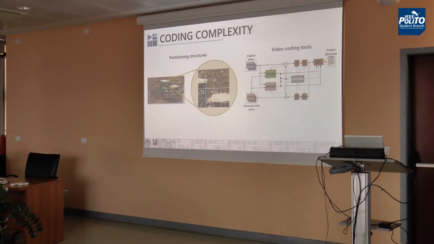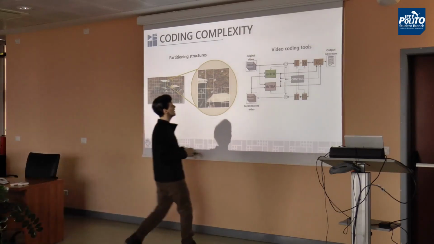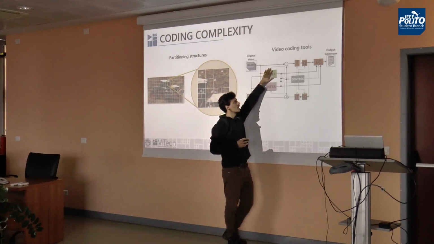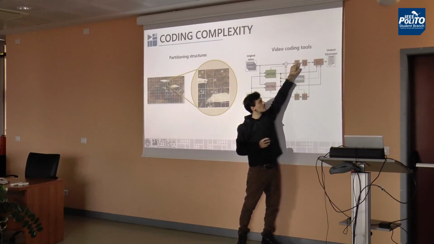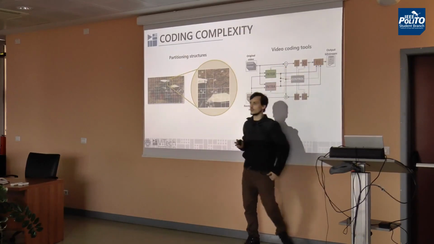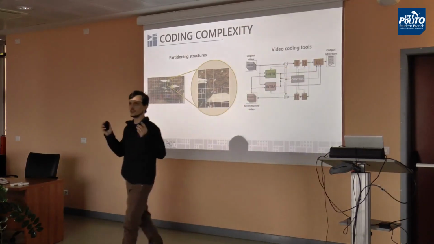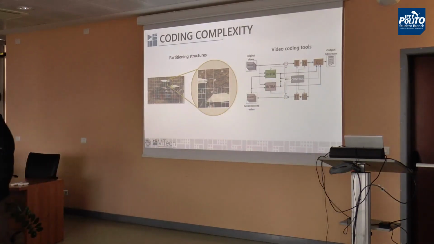Once you make the prediction, you choose the best one, maybe intra, maybe inter. The error or the residue you can transform, quantize, and entropy encode. Entropy encode means you just zip it all and store or send it to whoever wants it.